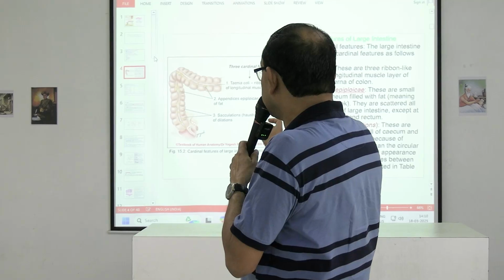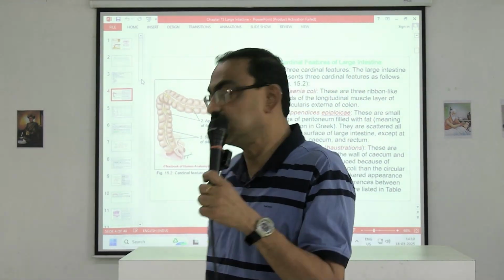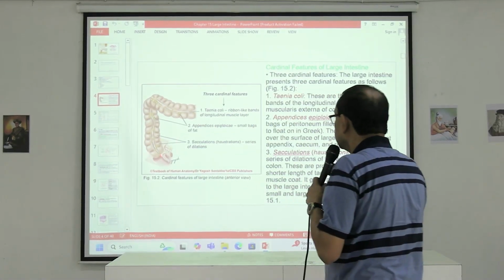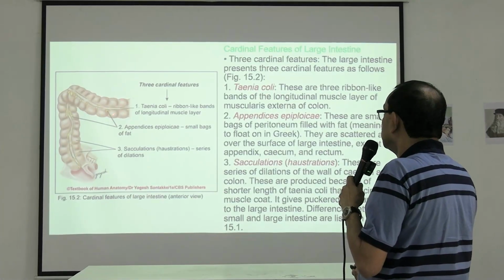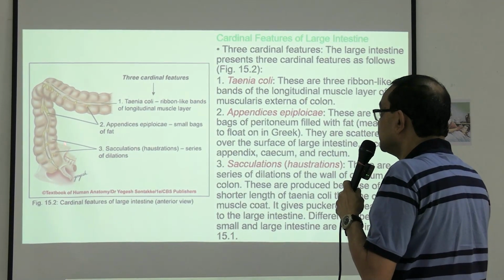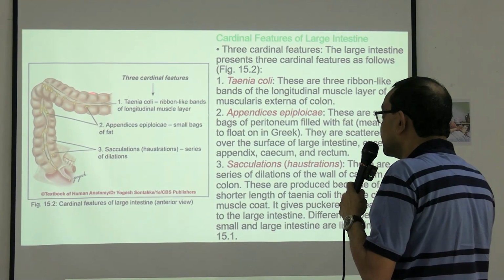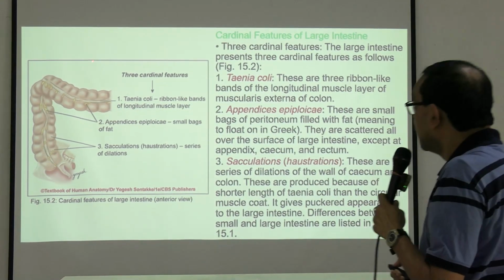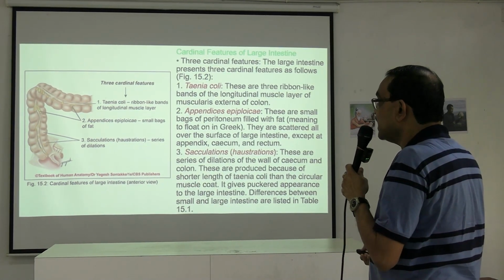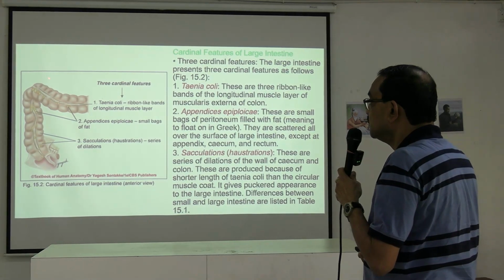From the cecum we see the commencement of the large gut, and this part we know is the ascending colon, and the next part is the transverse colon. There is a flexure called the right colic flexure, which is in relation to the liver.